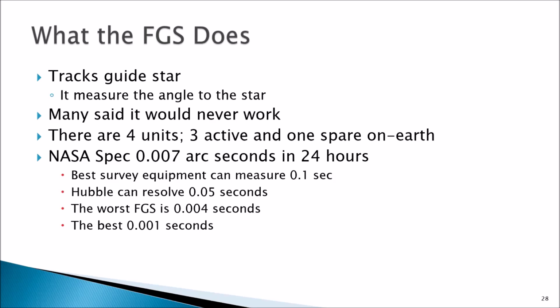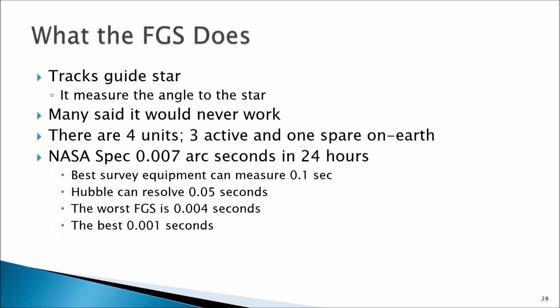NASA's specification to us was that we had to hold the pointing. The pointing error could not exceed 7 thousandths of an arc second in 24 hours. Now, you can look at the best survey equipment on Earth, and it can only measure down to, and this is iffy, 1/10 of an arc second.